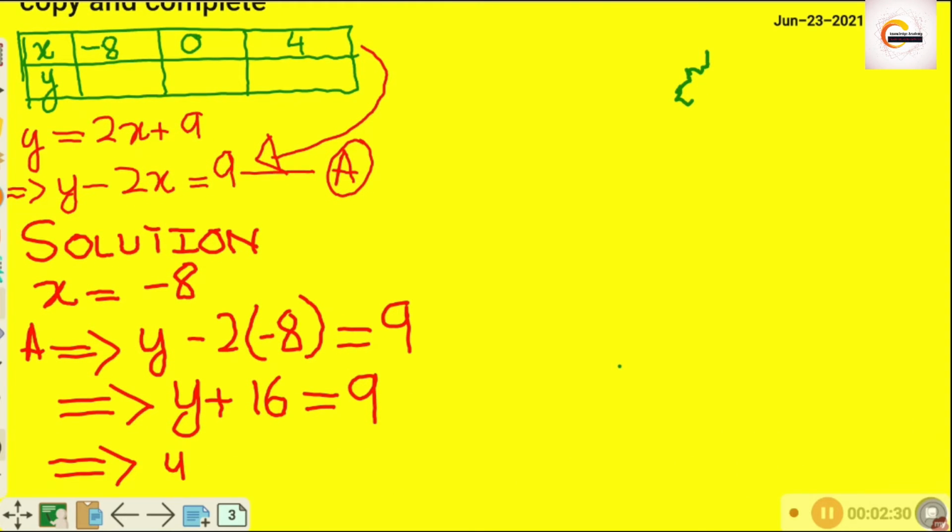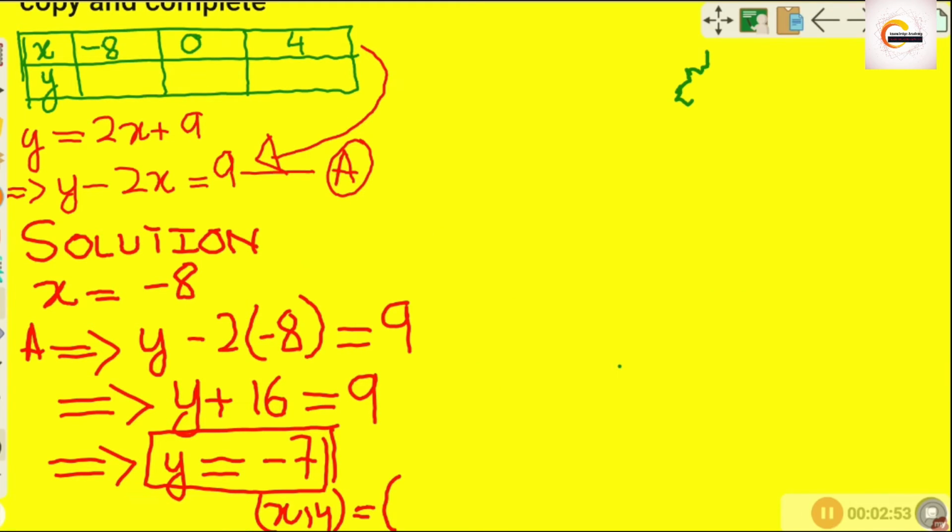Now 16 will go on the other side and become minus, so y equals 9 minus 16, which is minus 7. Now x comma y equals minus 8 comma minus 7. I'm going to put the value here in the required table.